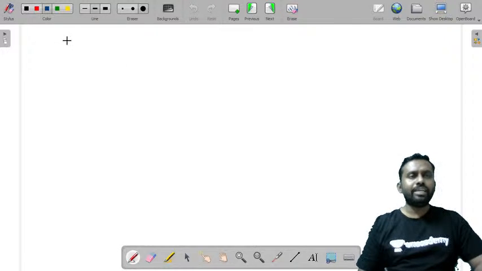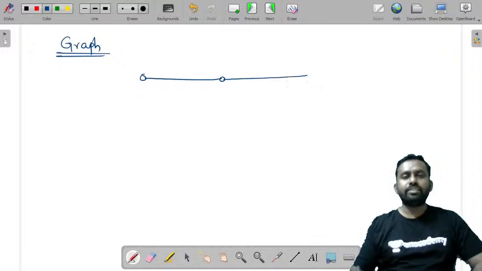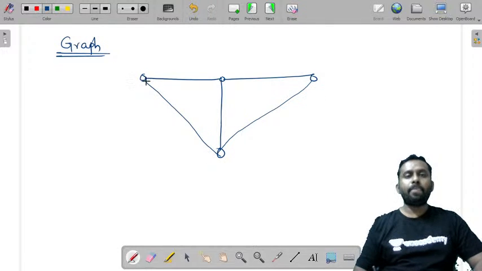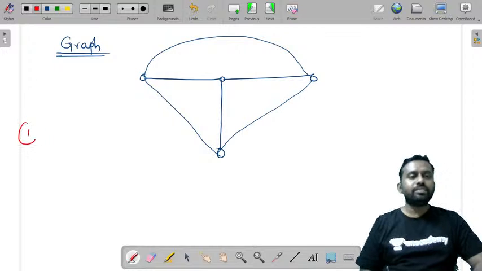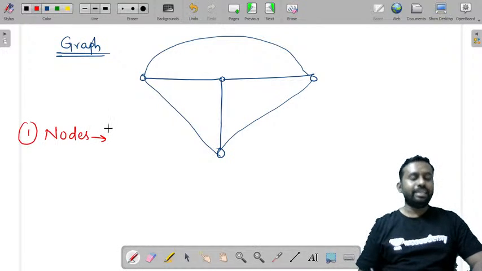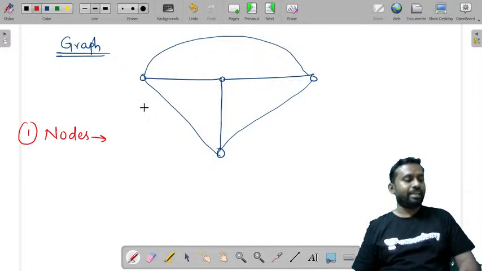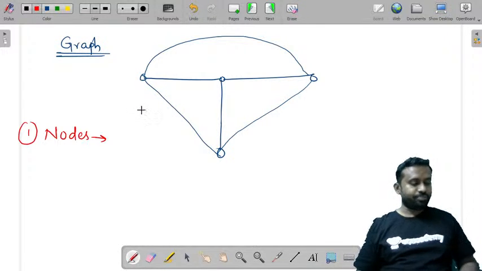So now we have seen what a graph is, and I'll tell you what the different things present in it are. So this is a graph, right? What you have to learn is, one, you have nodes in this. What is a node? It is an interconnection of two or three elements, or branches.